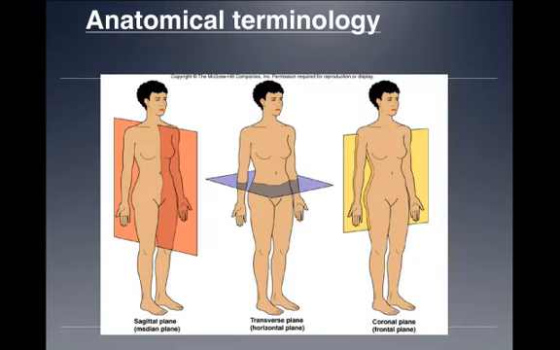A couple other different anatomical terms that we're going to use are these different planes or sections through the body. This is oftentimes because if you've ever done the Body Worlds exhibit, you've seen some of these sections where they've actually taken whole human cadavers and sectioned them sagittally, transversely, and done coronal sections.